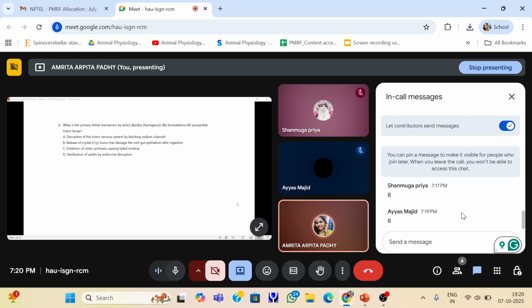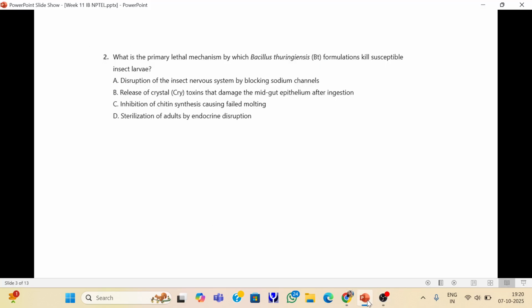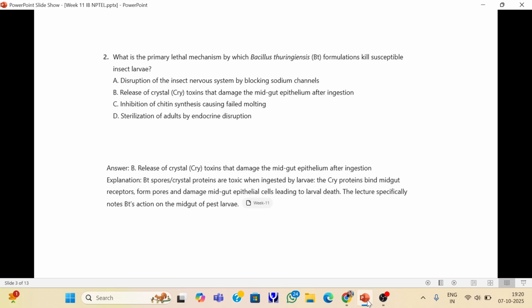Okay, let's see what is the correct answer to this question. It is B. Release of crystal toxins that damage the midgut epithelium after ingestion. So, what was the question? What is the primary lethal mechanism by which the BT formulations kill susceptible insect larvae? They release these crystal toxins that damage the midgut epithelium after ingestion.